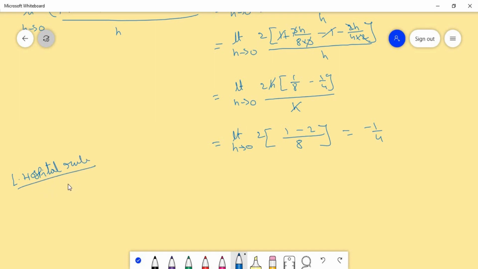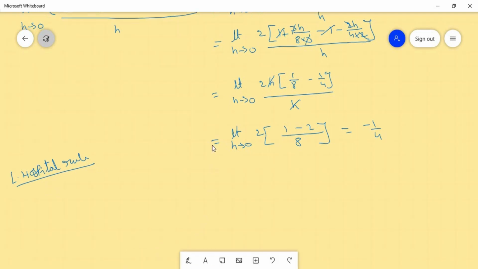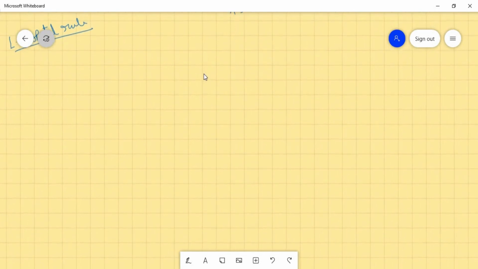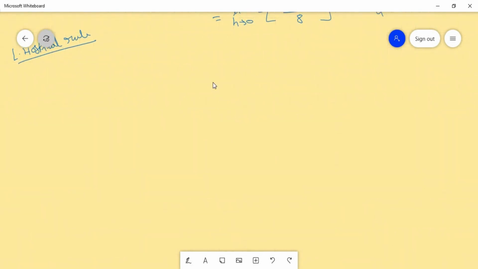By using L'Hospital rule, to solve any one problem we need some formulas. Those are differentiations. Those differentiations, the students don't know why, because without limits differentiation will not start.